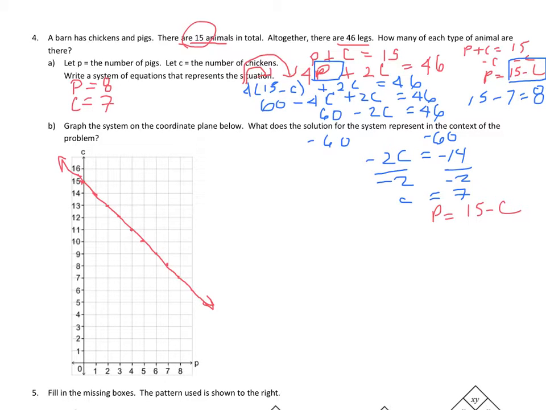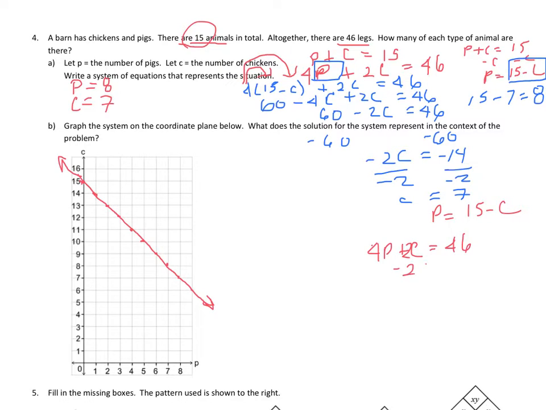Now, my other problem, which is 4p plus 2c equals 46, I have to put into the p equals form.